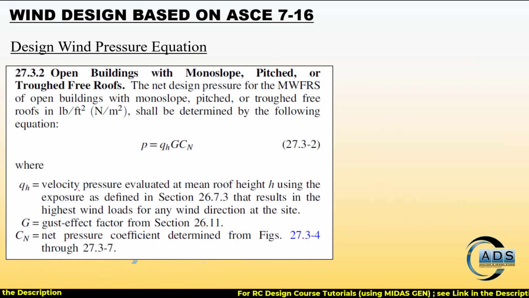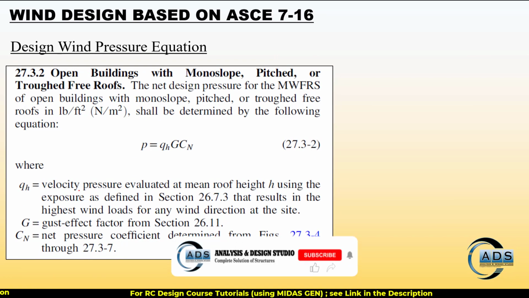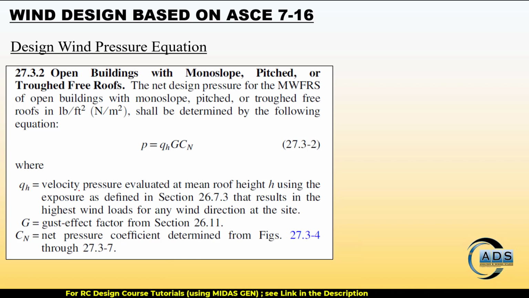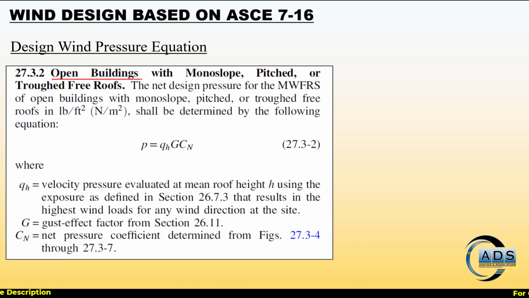So design wind pressure equation for the open buildings with monoslope, pitched or the trough free roofs. So we are interested for this particular word, open buildings with monoslope roof.